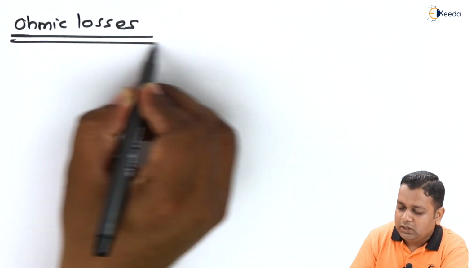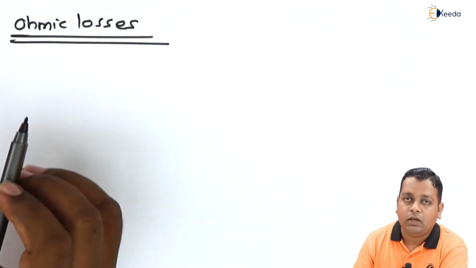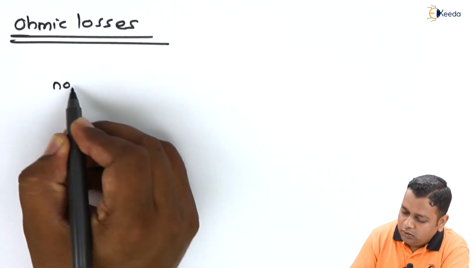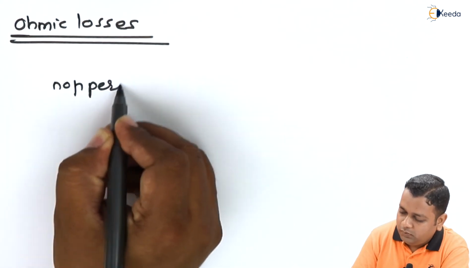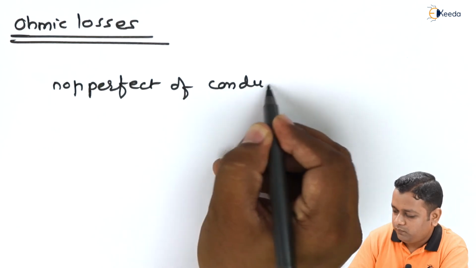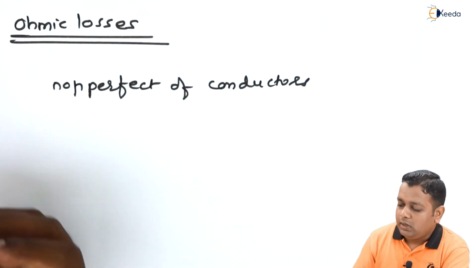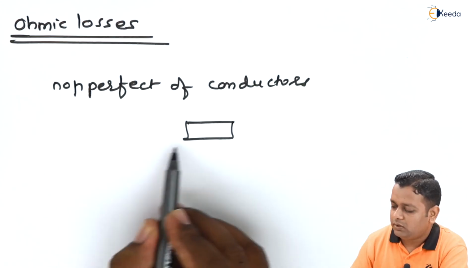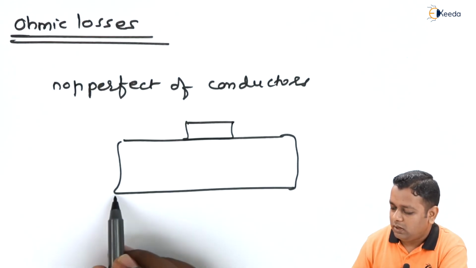What is the reason for ohmic losses occurring in the transmission of signal over a microstrip line? The reason is the non-perfectness of the conductors. Inside the conductors, we have the central strip of width W separated from the ground plane by the dielectric material.